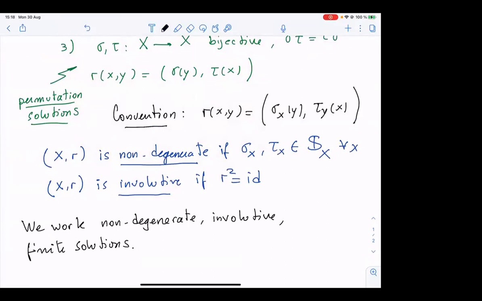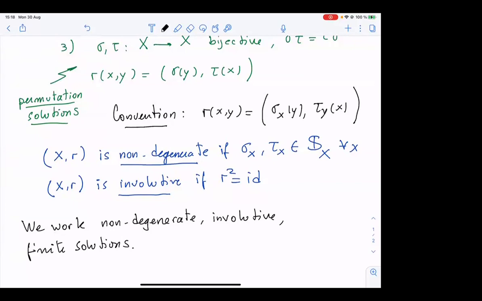Of course, you don't need to consider only finite solutions, but this is something that I would like to do. You don't need to consider involutive solutions, but the theory of involutive solutions is extremely rich, and it is great for a presentation. And non-degenerate because I want groups acting on this underlying set.